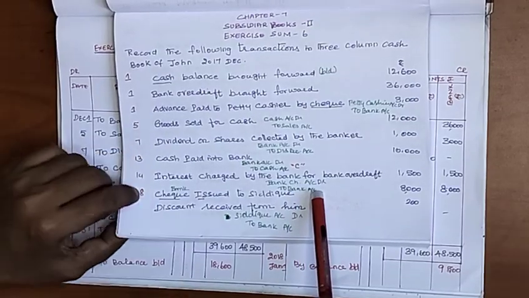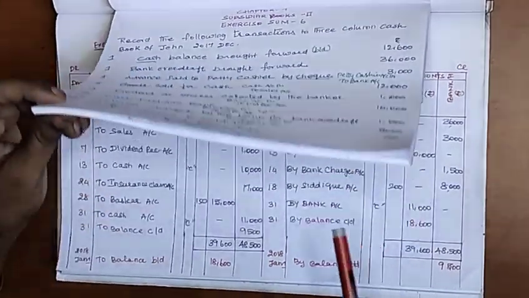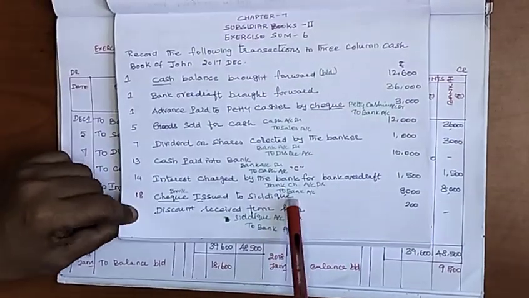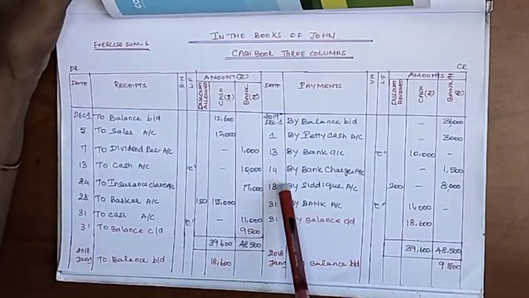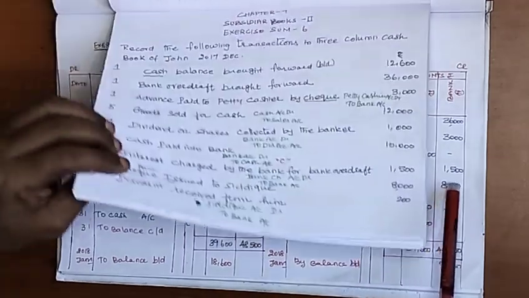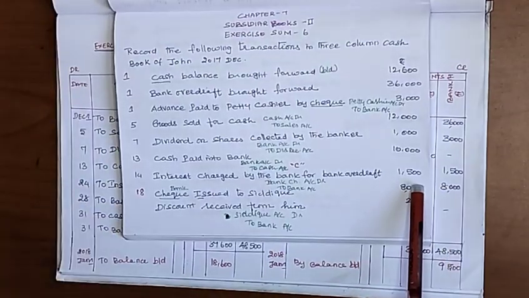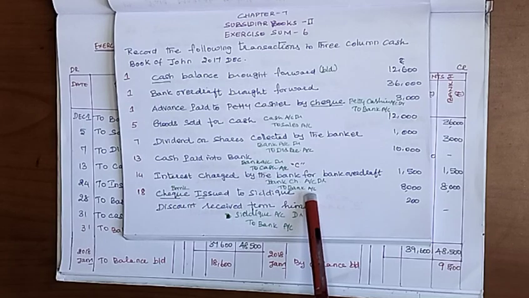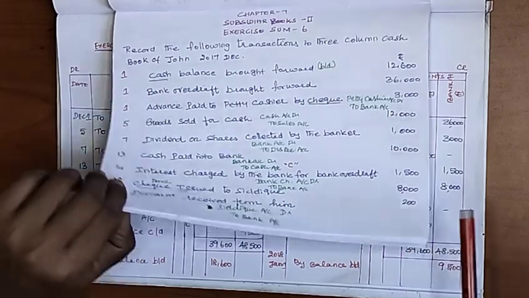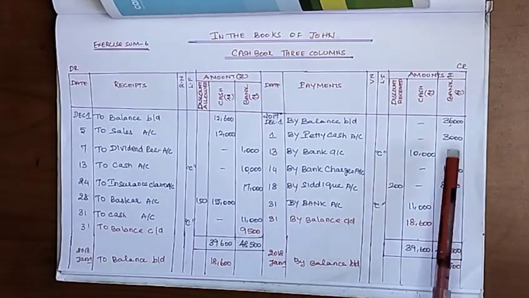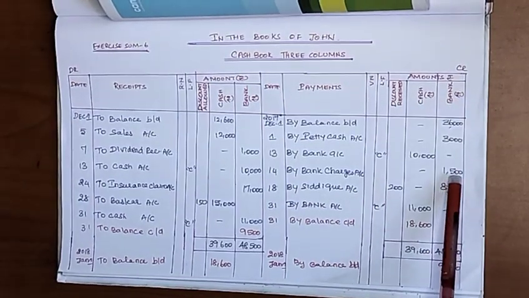So you go to credit side, dated on 14. What is the opposite account from the bank? Bank charges account. So you write bank charges account, where you enter the 1,500 rupees to bank account, means credit side bank column. So on the credit side bank column we entered 1,500 rupees.